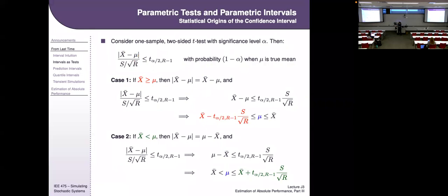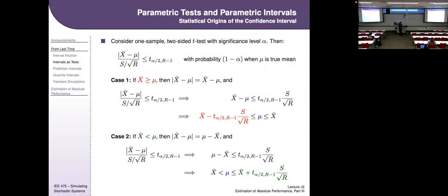And so I could say, well, what if I'm in the case where my sample mean is above my hypothetical mean? Well, that allows me to get rid of these absolute value signs and just algebraically rearrange these things.